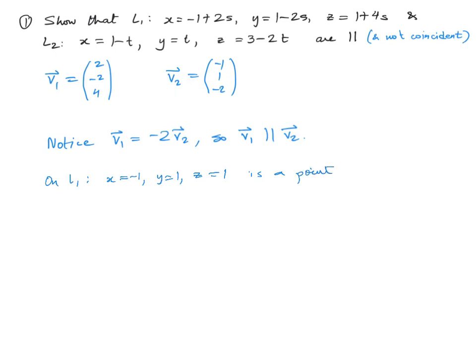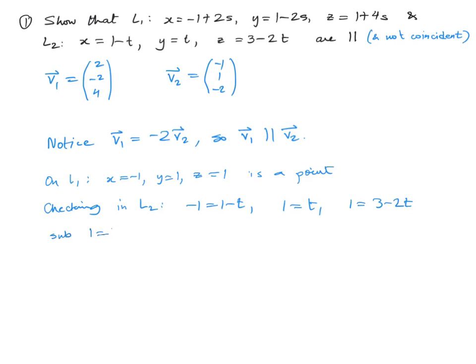So now if I check that in line 2, I would have negative 1 equals 1 minus t, 1 equals t, and 1 equals 3 minus 2t. And I try to solve each of these equations. So here I've already got 1 equals t. Let's just substitute that in.